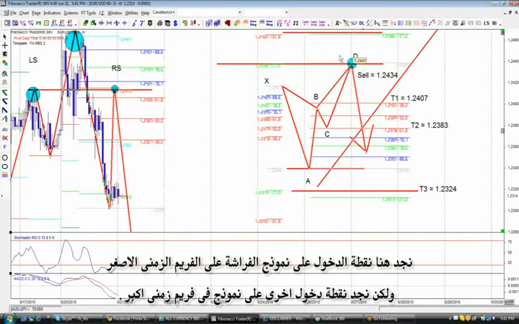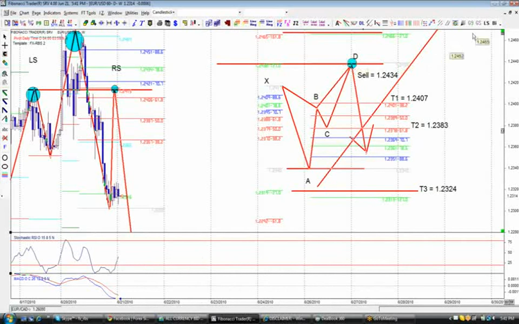Now we fine-tune the entry with the butterfly of the smaller time frame, but then we can add additional positions as limits for that big price pattern that we want to trade from the bigger time frame.